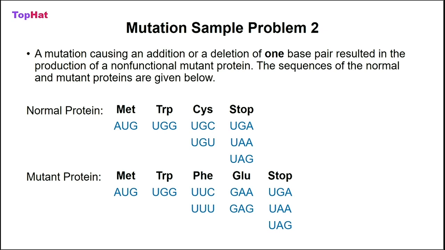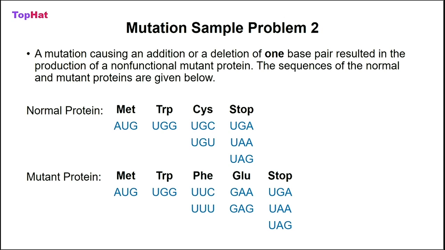So here are our potential codons for these amino acids in both the normal and the mutant. And so then we're going to line them up. The AUG did not change, the UGG did not change, the next U is the same, but now we have a G in the normal protein, but a U in the mutant protein. So the question is, did we insert a U to get from the normal to the mutant?